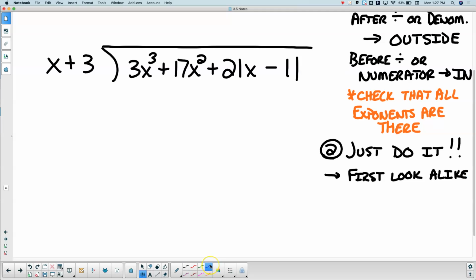This is my first term out here, I want it to look like that first term inside. So using multiplication, how do I make x become 3x cubed? Multiply it by 3x squared. Now I'm going to write that 3x squared in my x squared column.